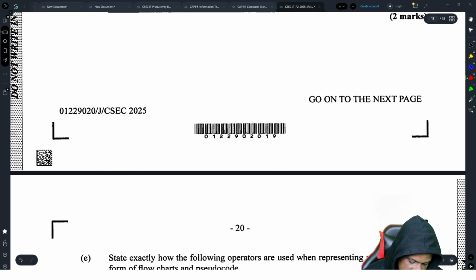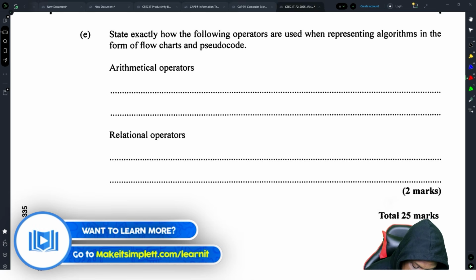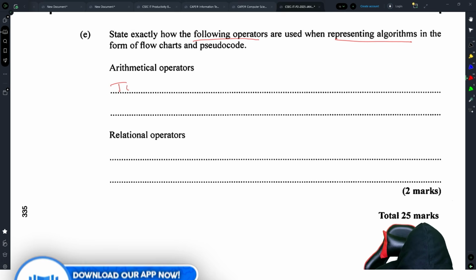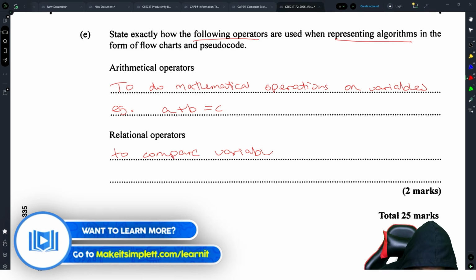All right, state exactly how the following operators are used when representing algorithms in flowcharts and pseudocode. State how the following operators are used to do mathematical operations on variables. Example, A plus B is equal to C. To compare variables.